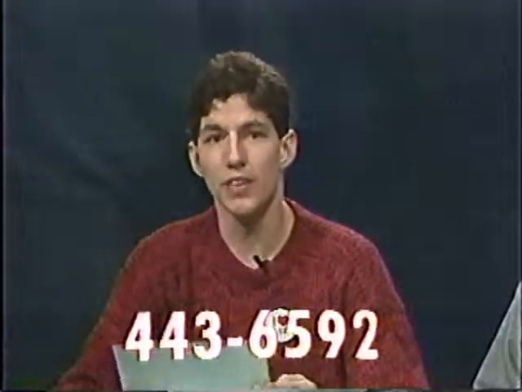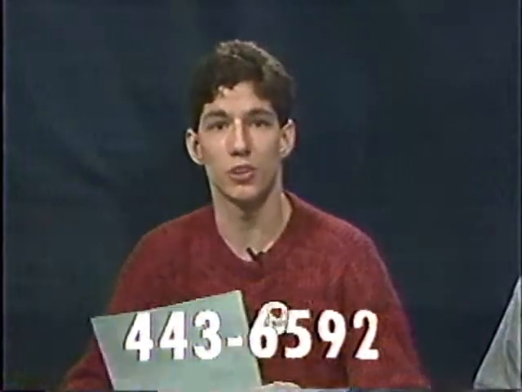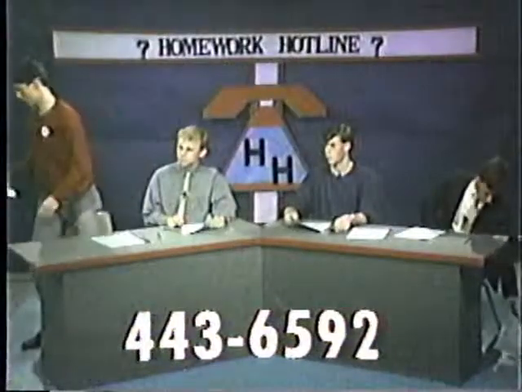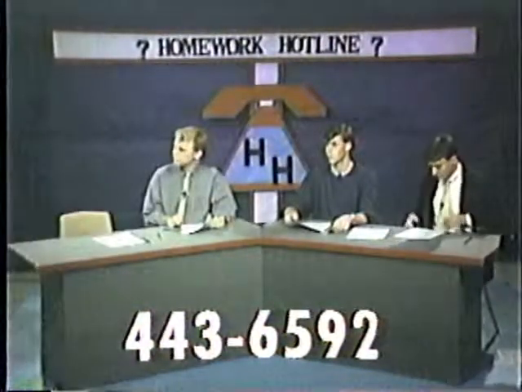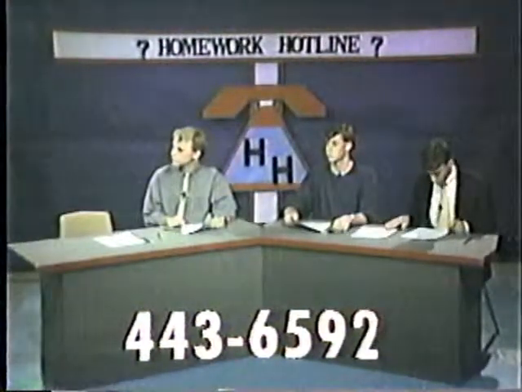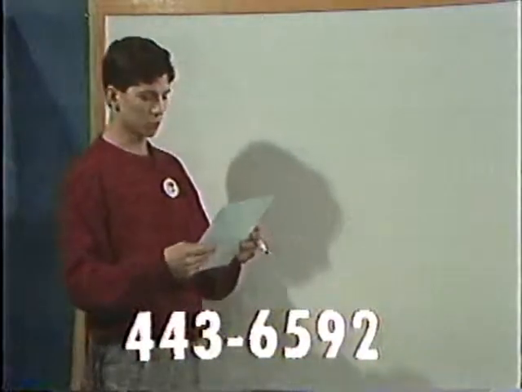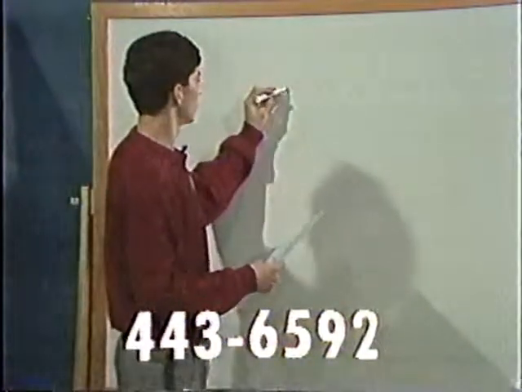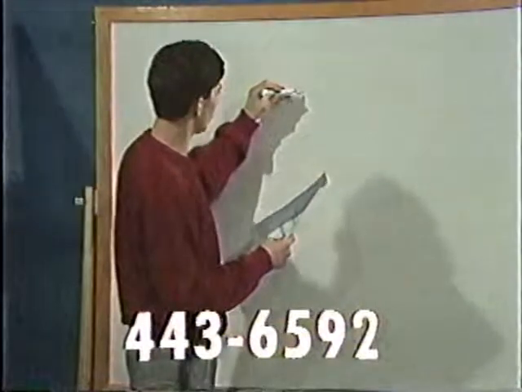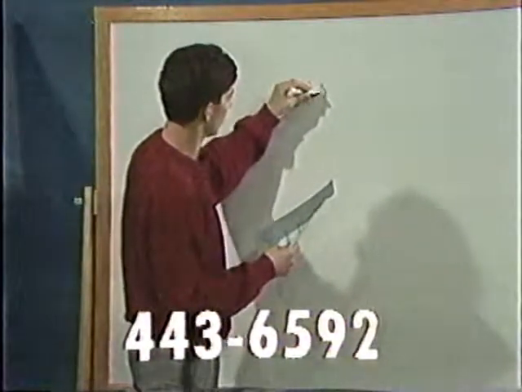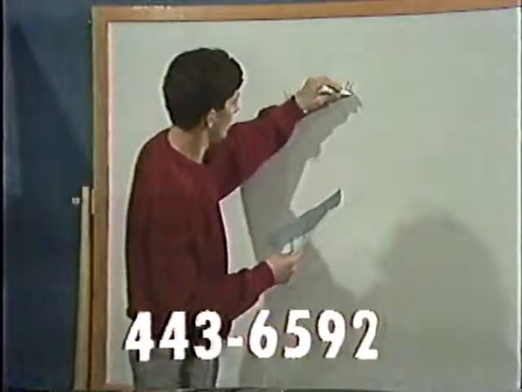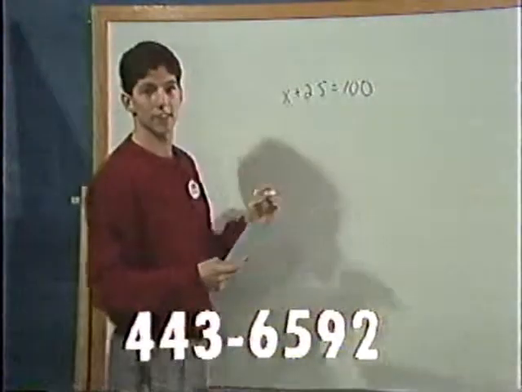My next question is from Joshua from Heath, a 9th grader. His question is an algebra problem, so I'll have to go to the board to solve this one also. Joshua's problem is, x plus 25 equals 100, solve for x.